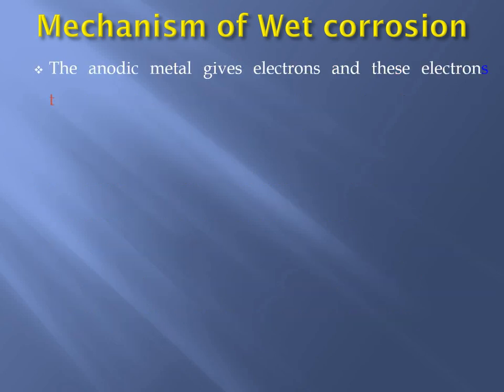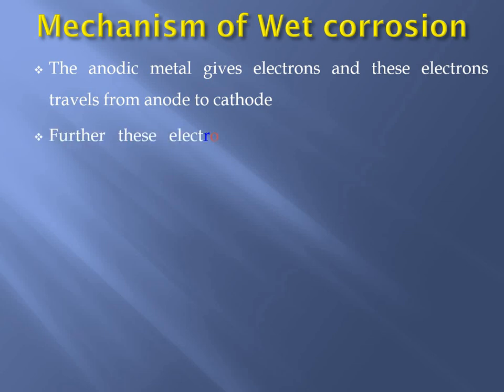The anodic metal gives electrons as it is an oxidation reaction, and these electrons travel from anode to cathode. So anode undergoes oxidation and electrons will travel from anode to cathode.